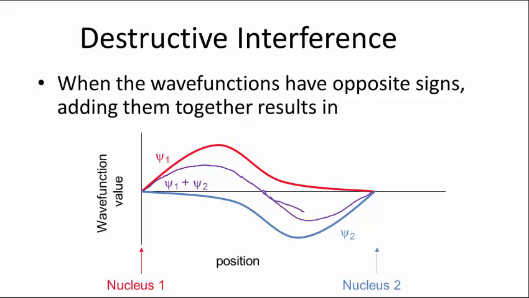This point in the middle where the wave function goes to 0, we call a node. A node basically represents a spot where you don't find the electron at all. So the electron density around that area is really small.